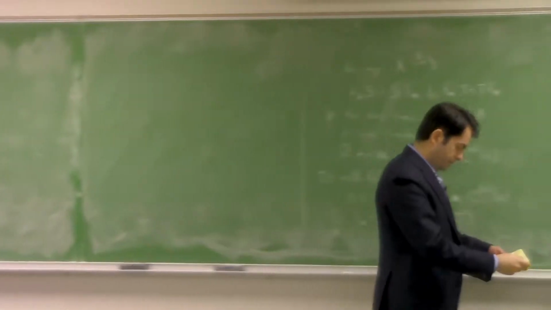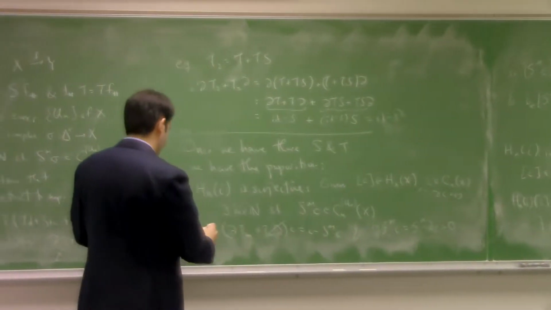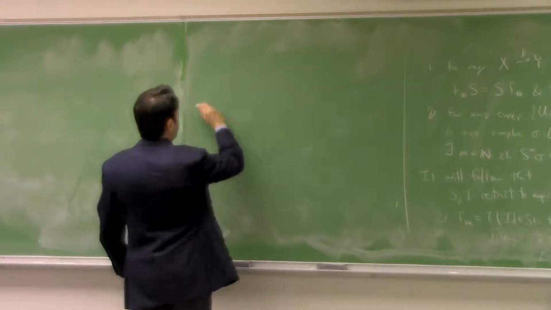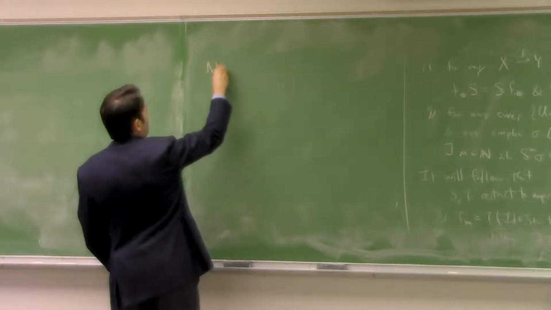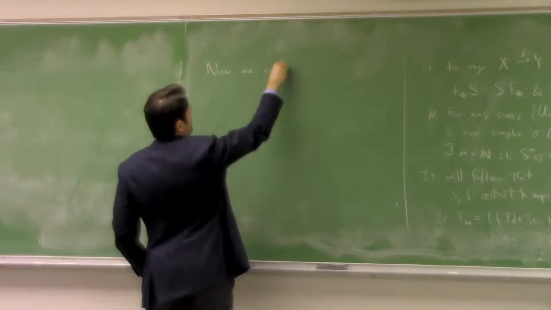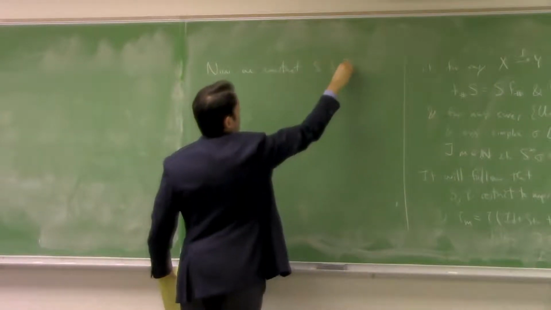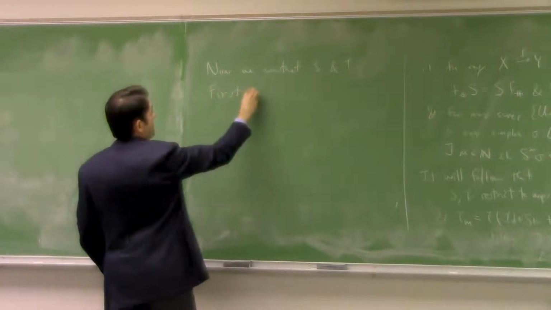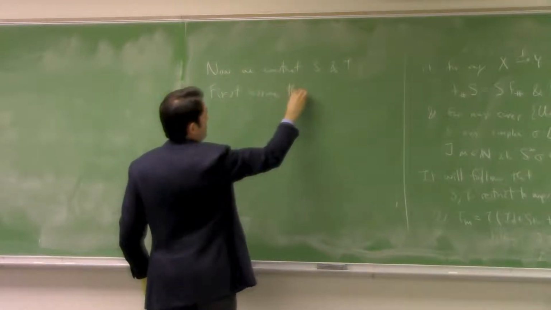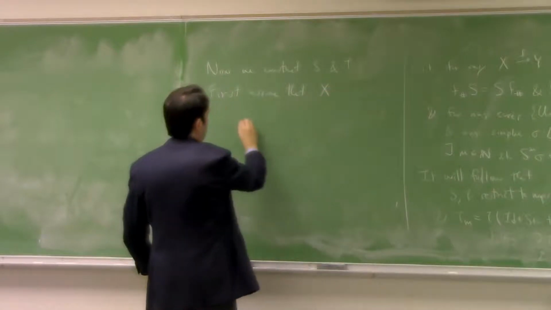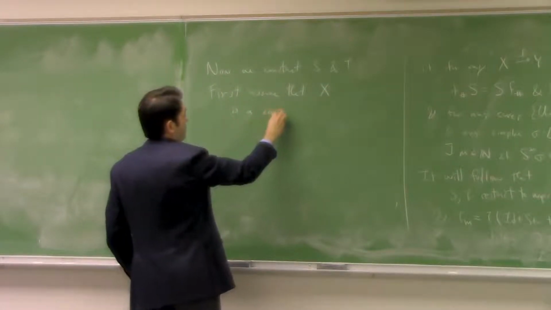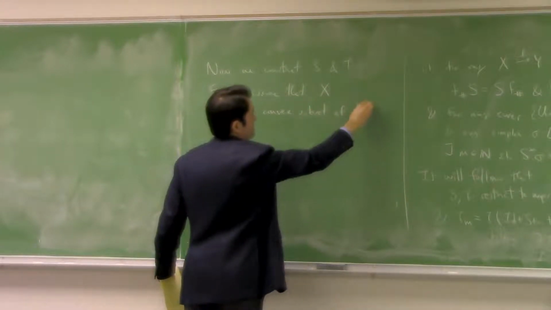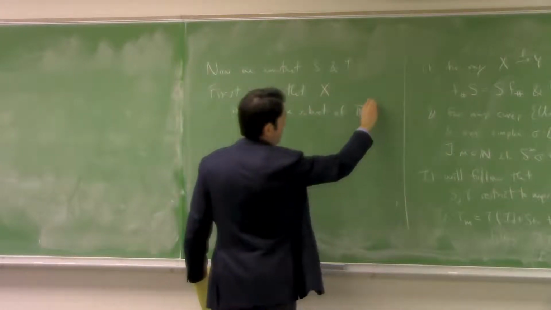OK, well, so first assume, so now we construct S and T. So first assume that X is a convex subset of some Euclidean space.